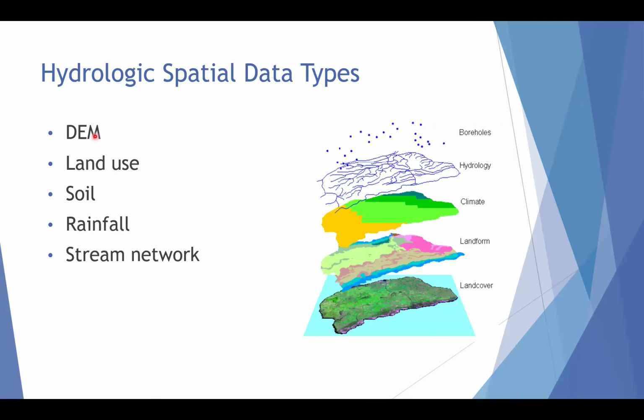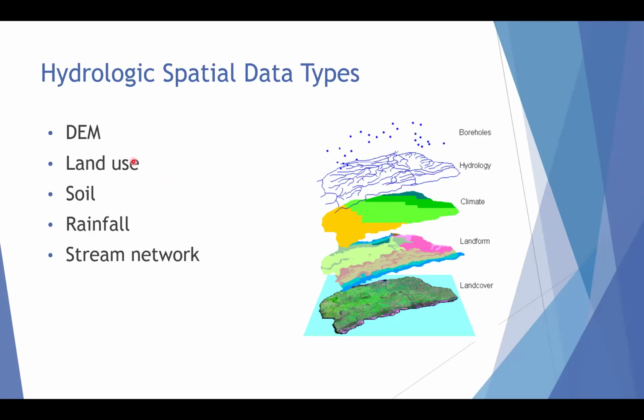DEM stands for Digital Elevation Model, and those who are already working in hydrology or water resources know that if you want to represent the topography, which is continuously varying, then you use this raster dataset. Each grid cell in the raster data will give you the elevation of that location.